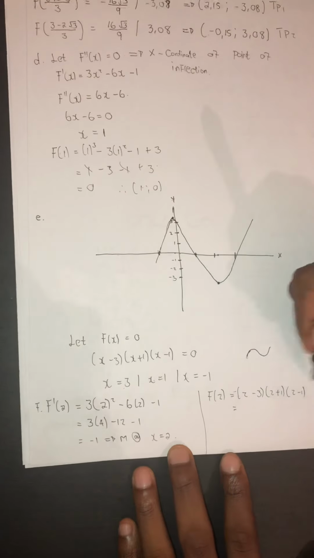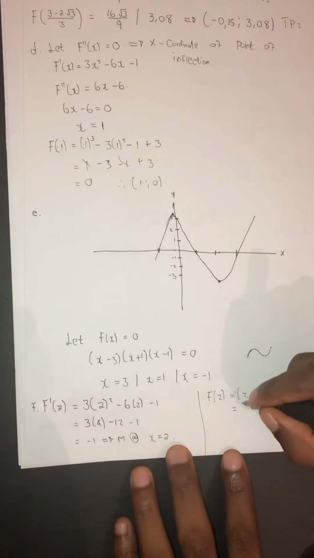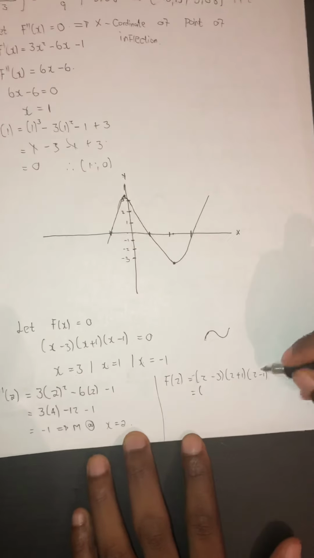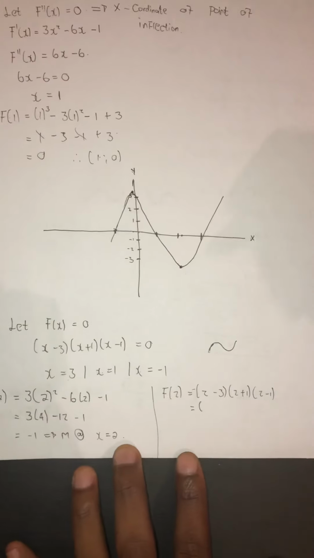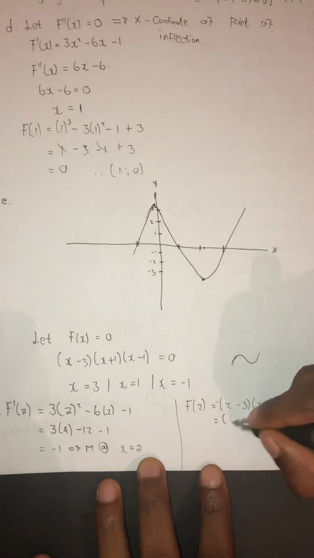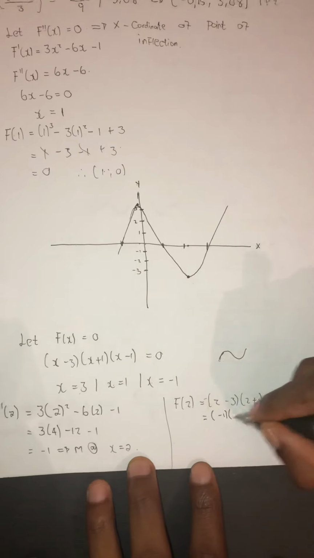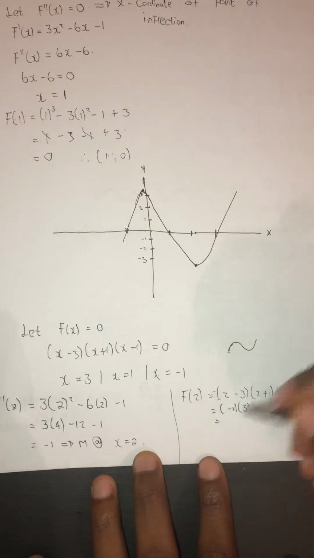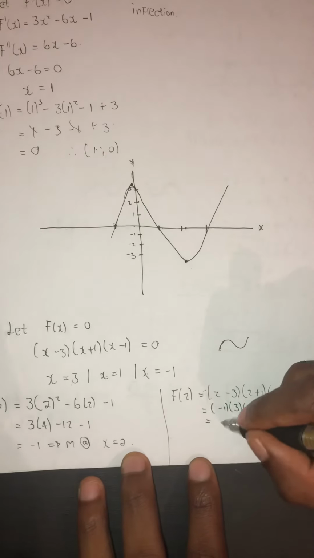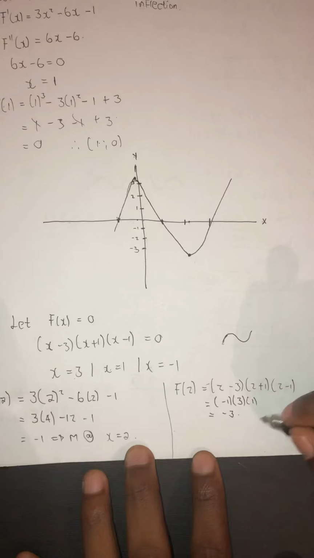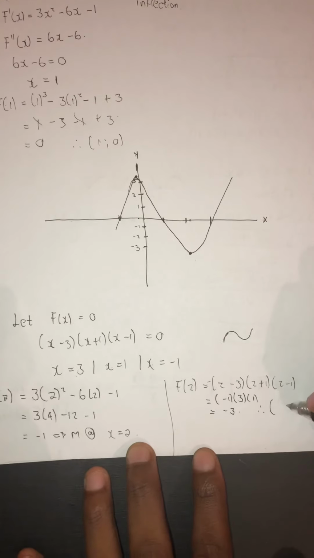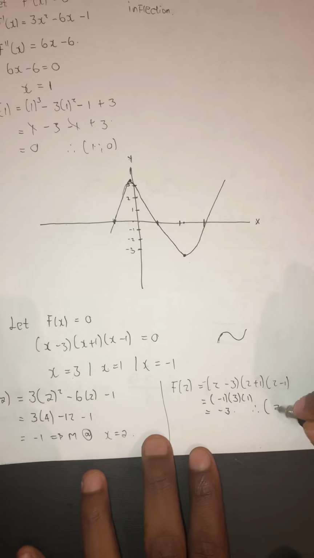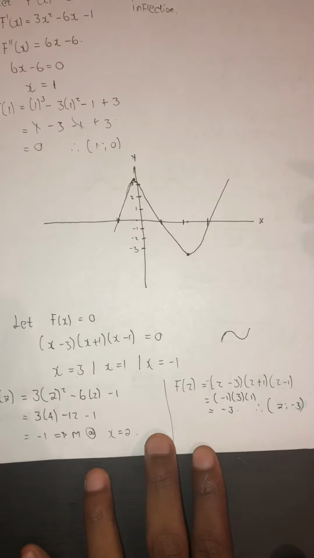But this is also the original, it's just that it's factorized, and then it's easier to work from this one if I'm not using the calculator, unlike working with the original. So 2 minus 3 is minus 1, and then this will be 3, and then this will be 1. Then I get that is actually negative 3. So where the tangent is happening in terms of a coordinate is actually 2 and minus 3.